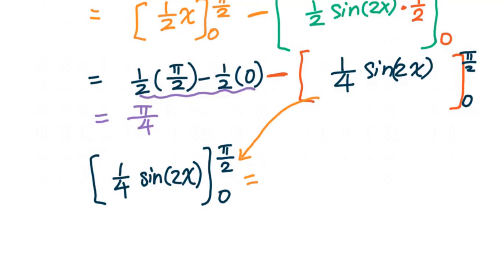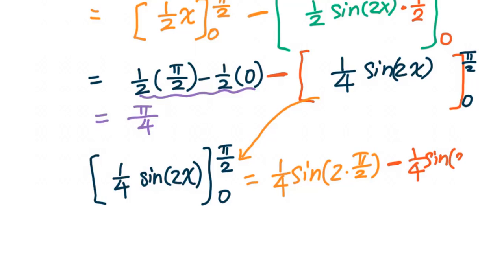You will get 1 over 4 sine 2 times pi over 2, then minus 1 over 4 sine 2 times 0. You will get 0 minus 0 because sine pi equals 0, sine 0 equals 0. You will get 0. Then write down minus 0 equals pi over 4.